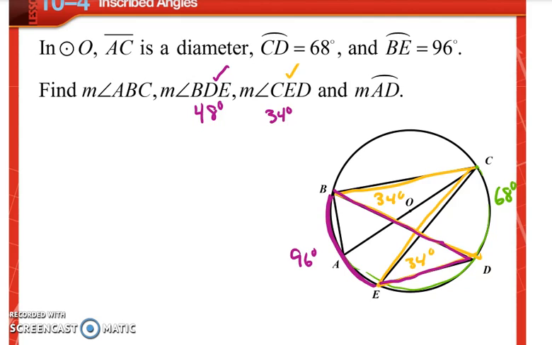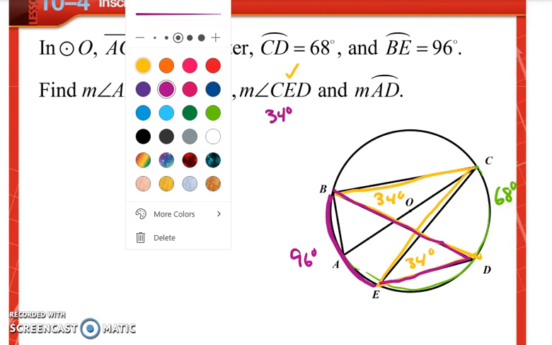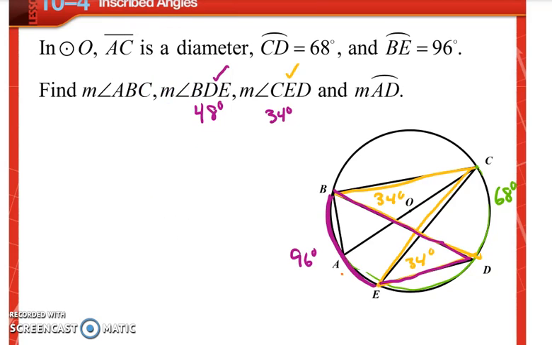The measure of arc AD, let me change colors again. Orange. So the measure of arc AD, sorry. AD is right here. So you have to notice that if I add it with the 68 degree one, we end up matching up the diameter.